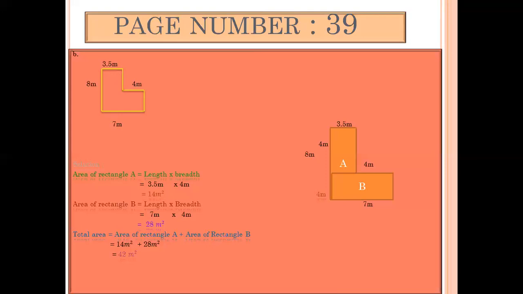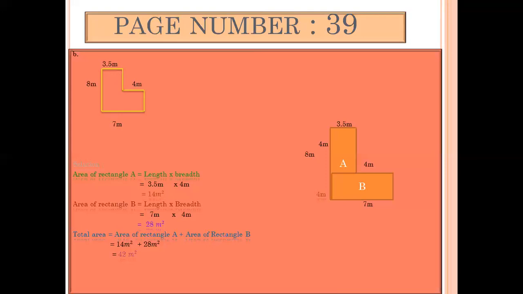When we divide this composite shape into two basic shapes, we get two rectangles A and B. And you see clearly in the diagram, again we have two lengths, 7 meter and 3.5 meter.